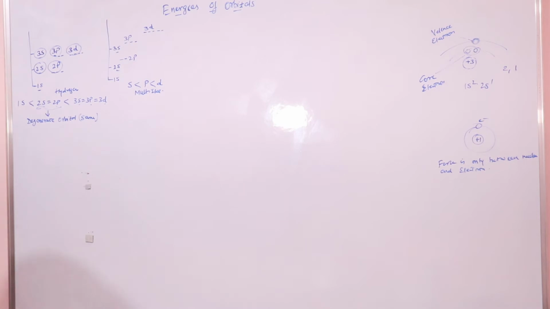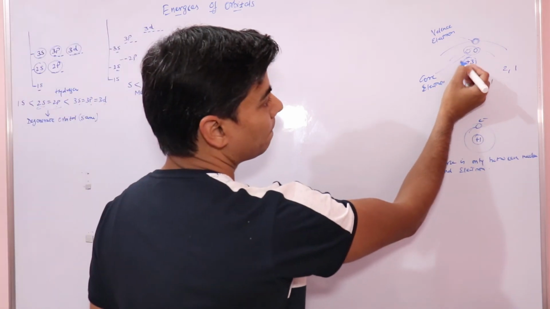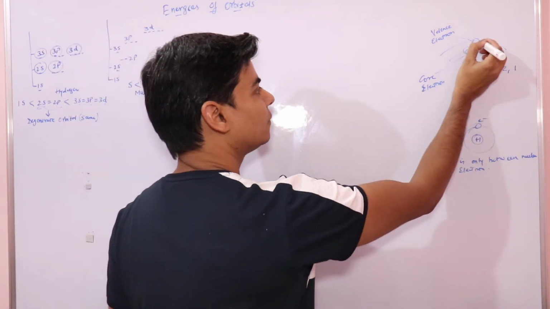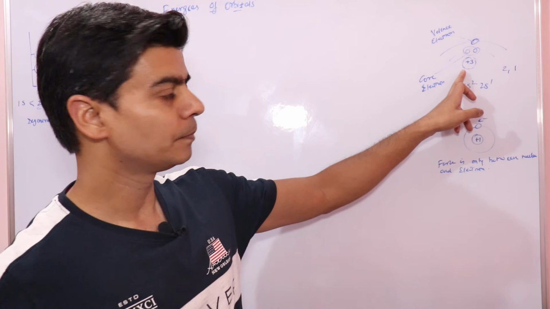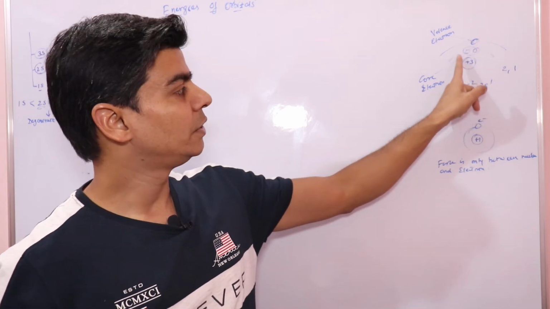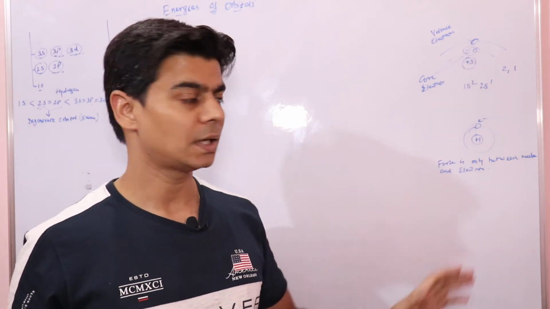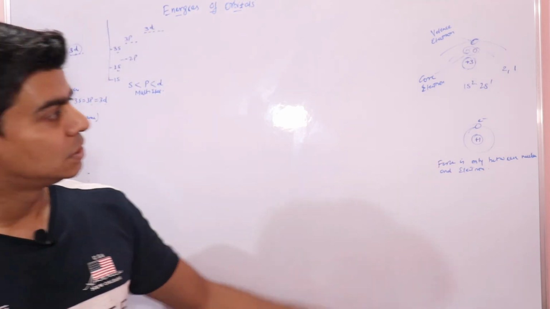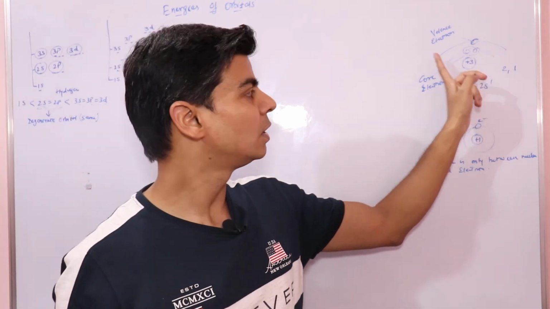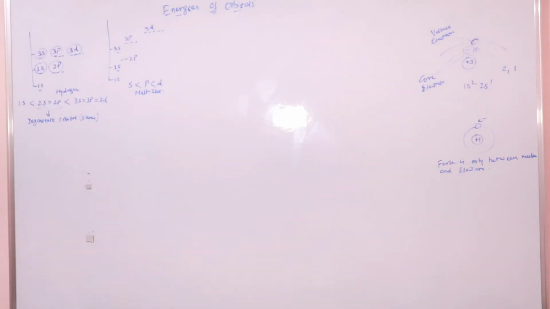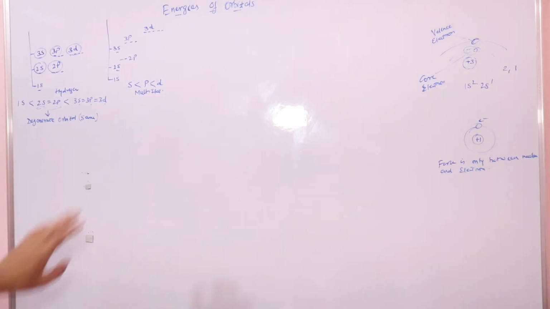The effective nuclear charge is decreased due to repulsion between these electrons, and this is known as shielding or screening of outer electrons by inner electrons. This is the concept we will use to explain this.